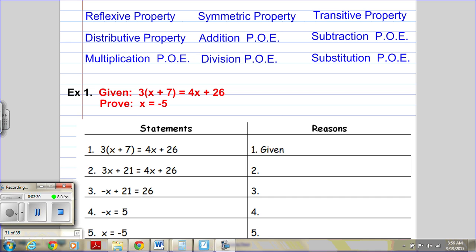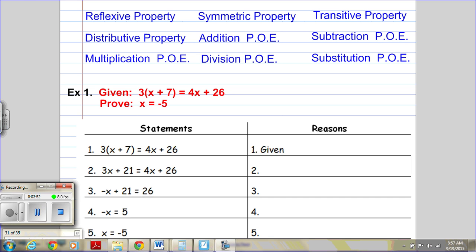You're always going to be given something and asked to prove something else. So in this first example, we're given 3 times (x plus 7) is equal to 4x plus 26. Our job is to prove that x is equal to negative 5.